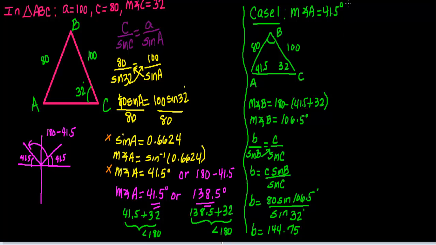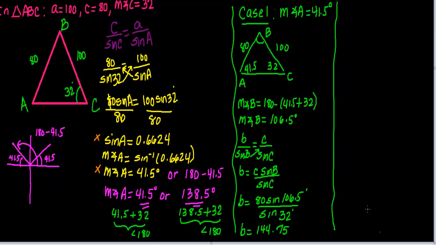And we're going to call this case 2. So for case 2, let me move this over a little bit. For case 2, where the measure of angle A is 138.5 degrees.